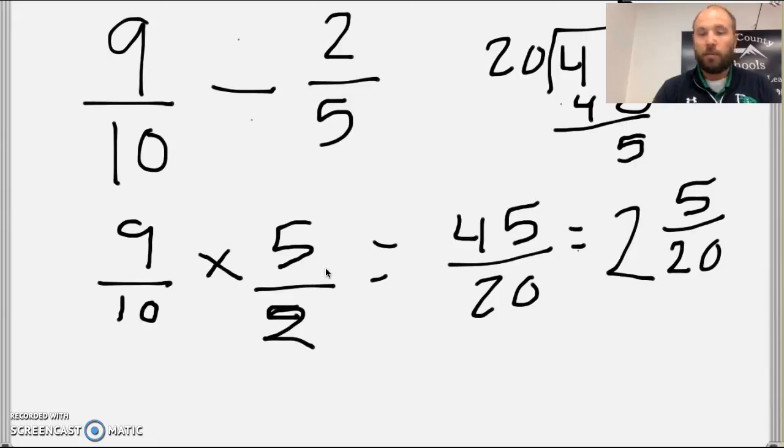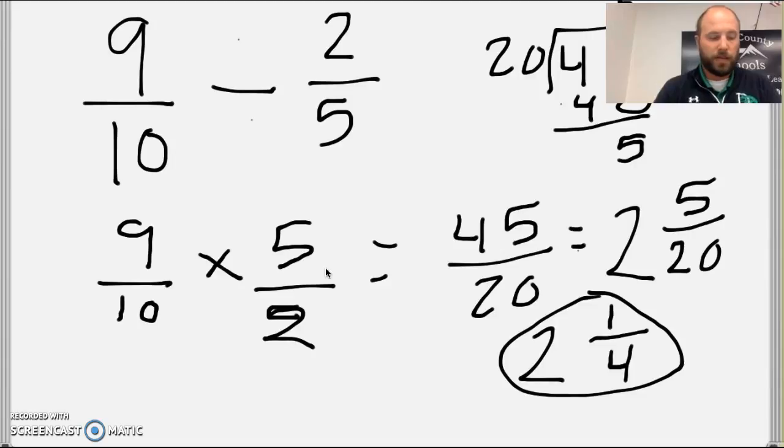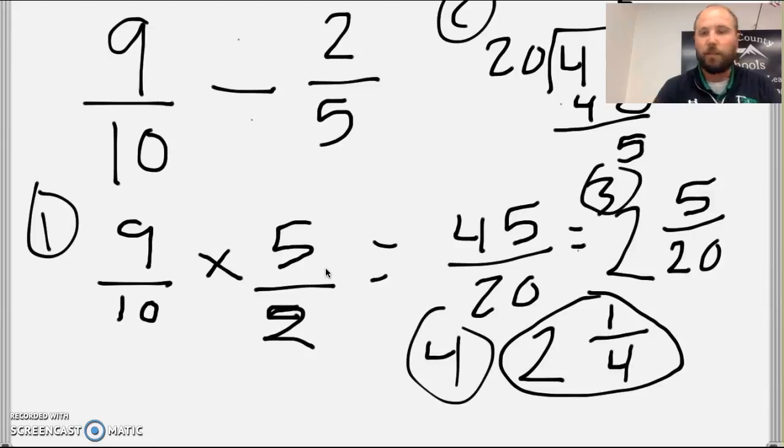But we still got a problem. It can still be reduced. 5 can go into 5 1 time. 5 can go into 20, hopefully we know our facts by now, 4 times. So we had our step 1, step 2, step 3, and then we actually had a 4th step to help. We had to double reduce, which is rare, but sometimes it happens.